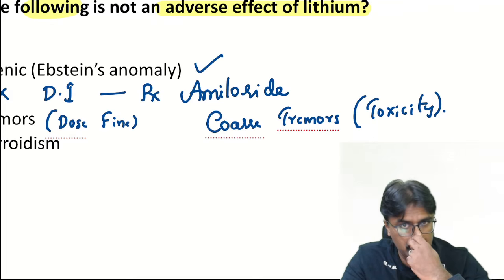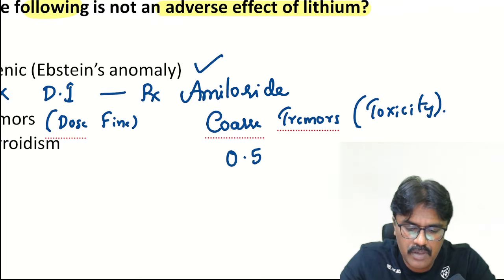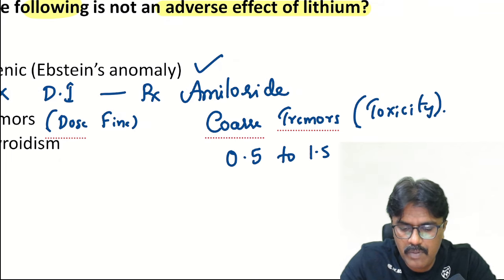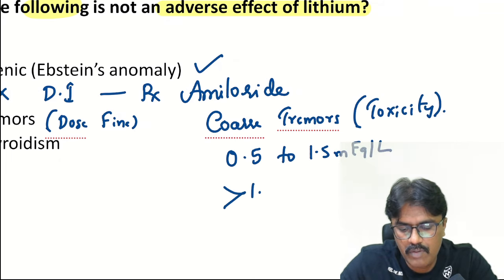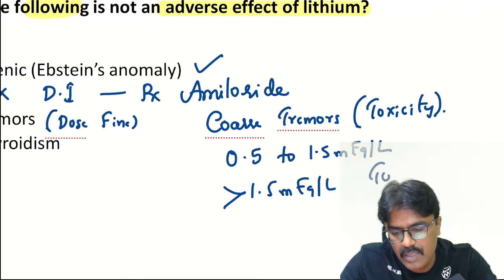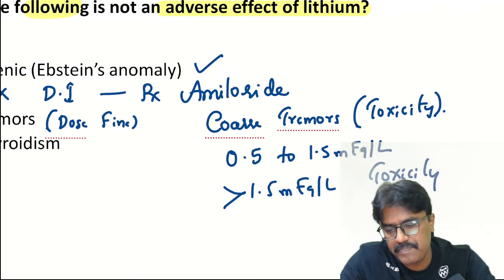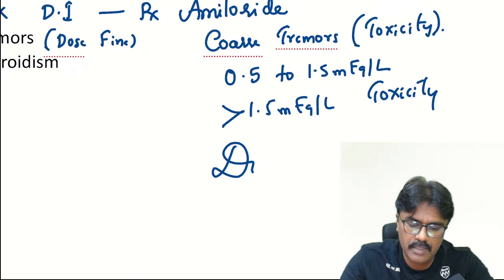Toxicity. So what are the normal levels of lithium? It's 0.5 to 1.5 milliequivalent per liter. More than 1.5 milliequivalent per liter is going to cause toxicity of lithium. And how do you manage toxicity of lithium? By doing dialysis.